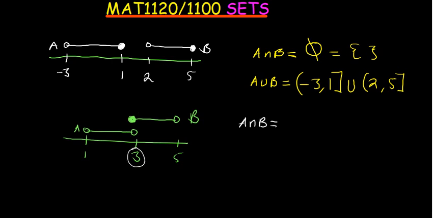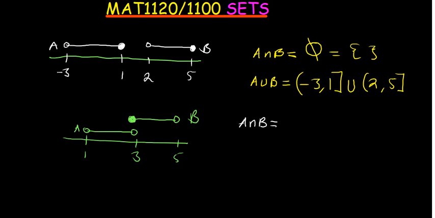Is the 3 in the set B? Okay, set B is here. You can see we've shaded there. What does that mean? Is the 3 in B or not in B? It's in B, yes. So 3 is part of the set B.